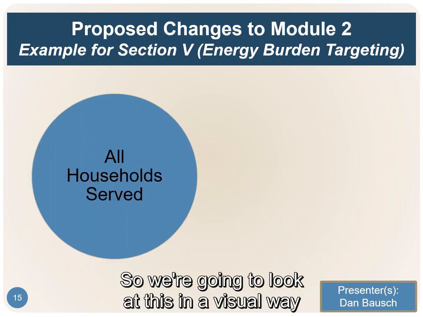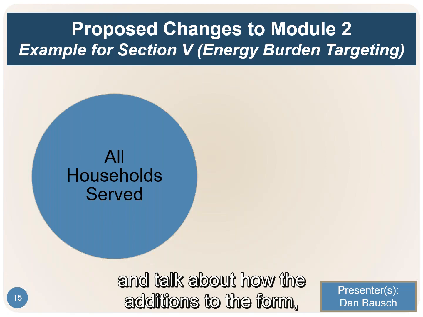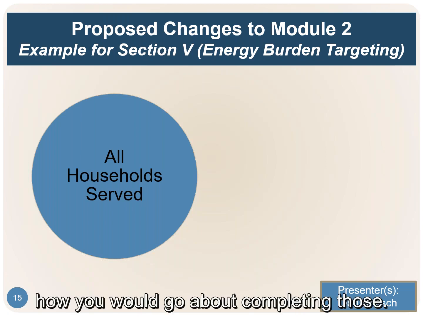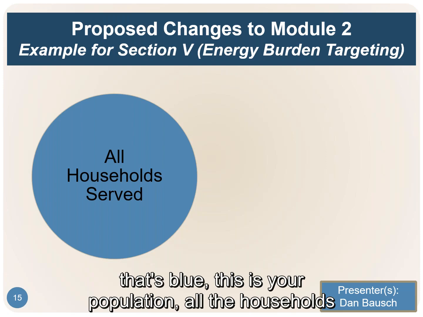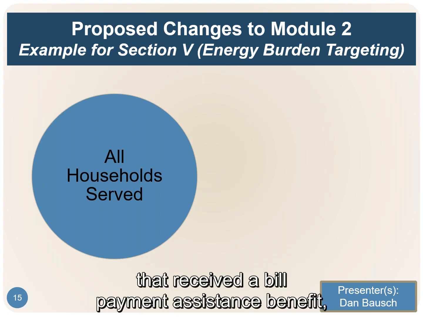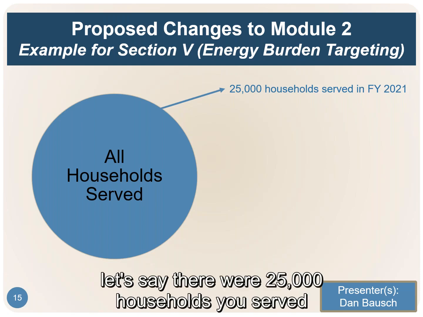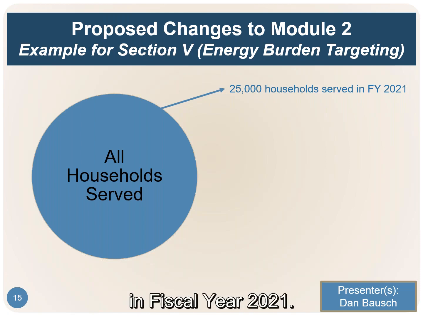So we're going to look at this in a visual way and talk about how the additions to the form, how you would go about completing those. So here, this circle on the left side of this slide that's blue, this is your population, all the households that received a bill payment assistance benefit. Let's say there were 25,000 households you served in fiscal year 2021.